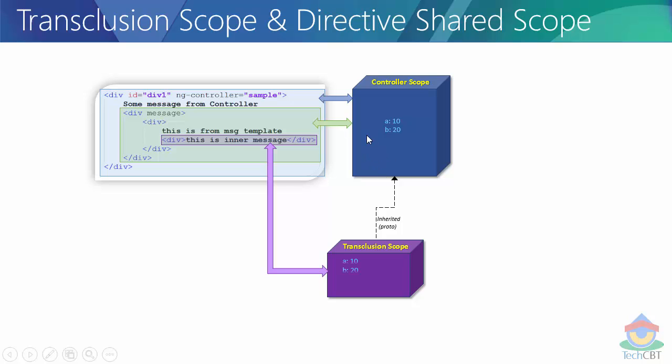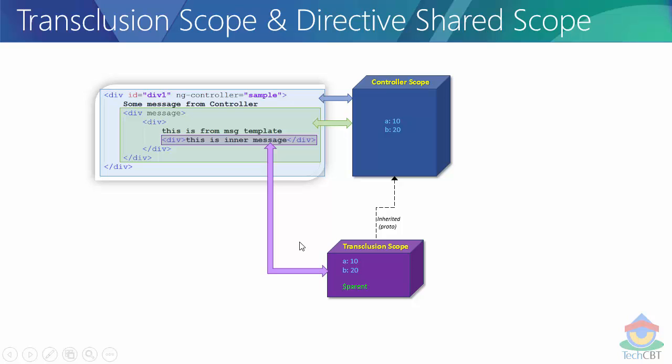And thus you have these members automatically made available here, because those are inherited using JavaScript prototypical inheritance. Okay, and there is one more thing we need to remember. Whenever a new scope has been created exclusively for the transclusion, even though it is inherited, it is going to have a member called $parent, and this is actually going to refer to the parent of the current directive.